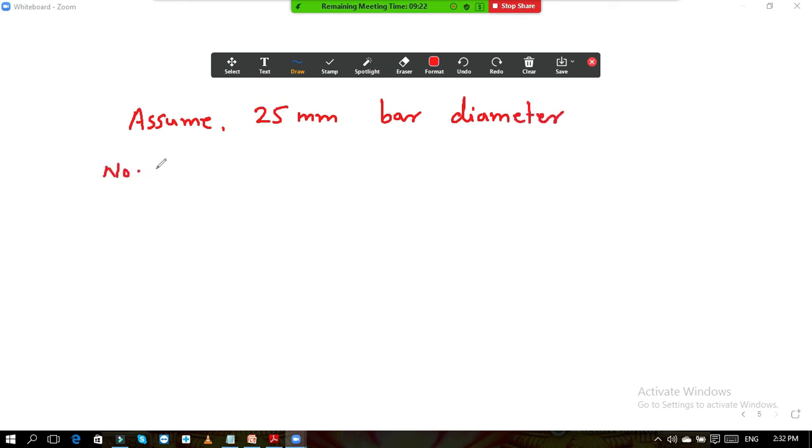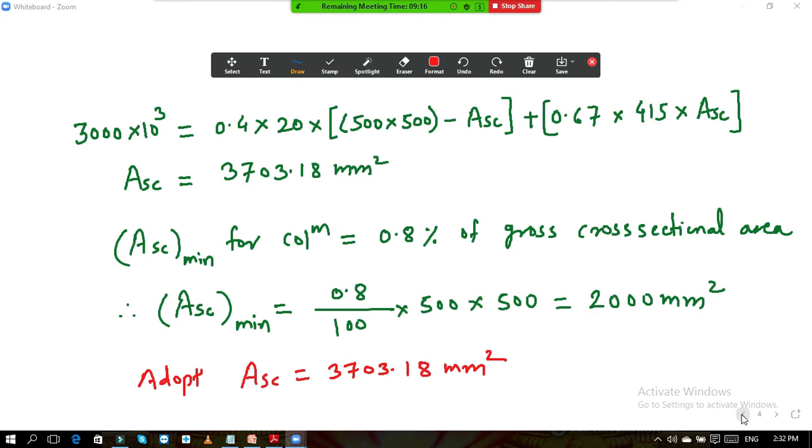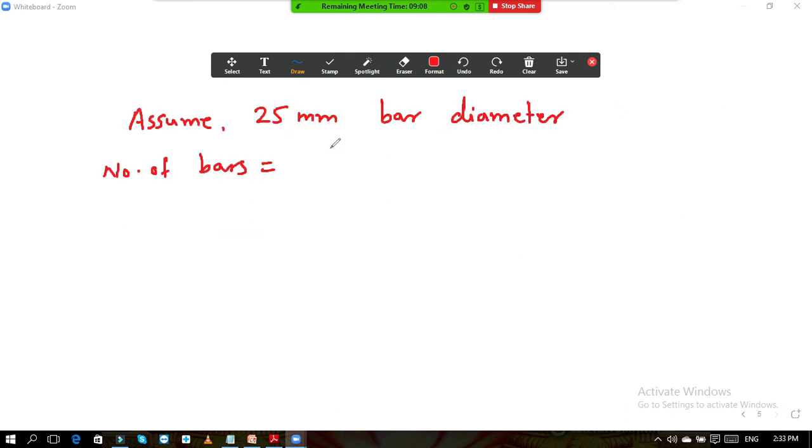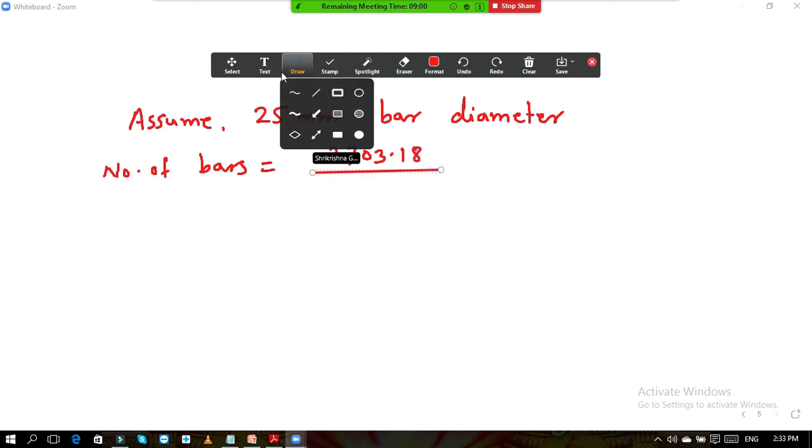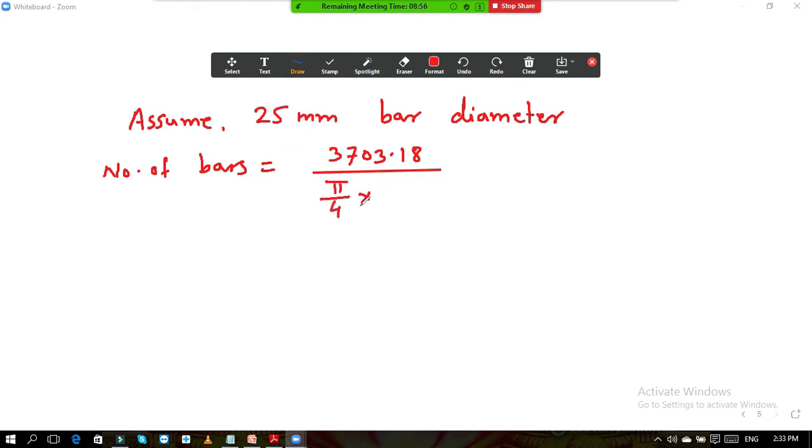Then number of bars is equal to, what was our area? It is 3703.18, divided by pi by 4 into 25 square.